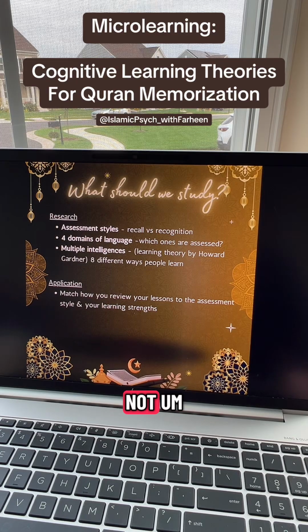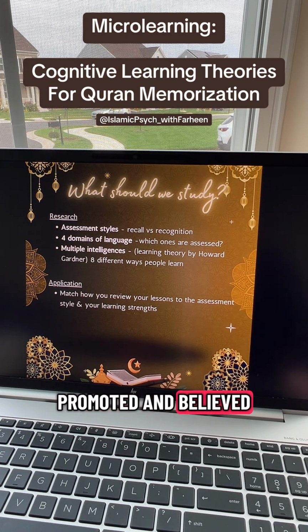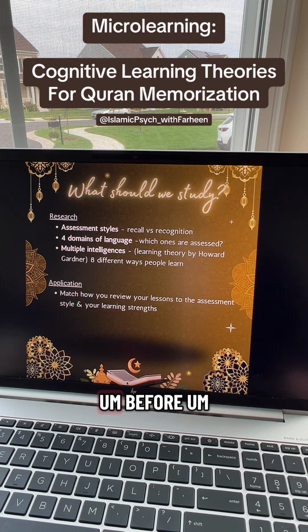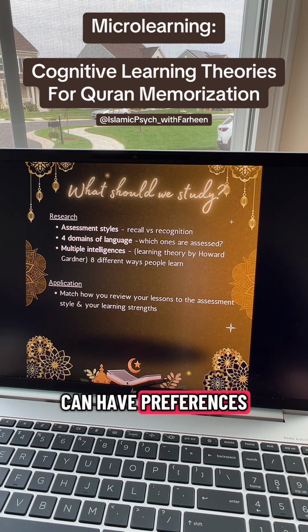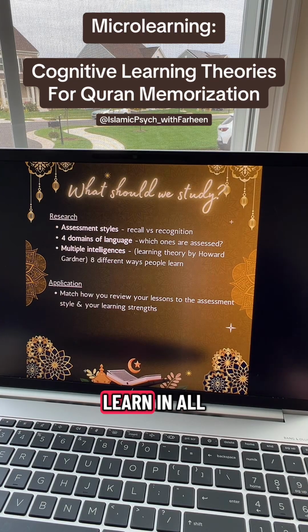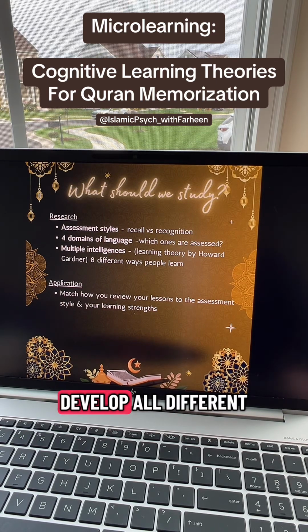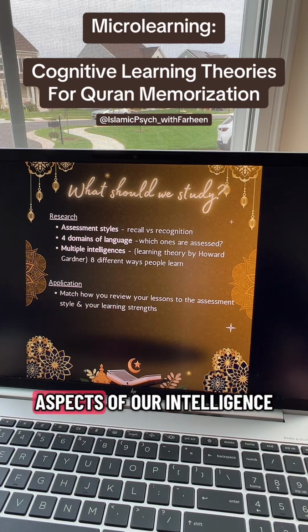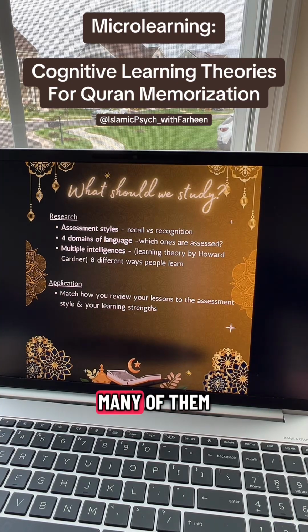That's not true. It was promoted and believed for quite a while many years ago, but now it's classified as a neuromyth, because yes, we can have preferences, but we should learn in all different ways. As teachers say, we don't want to teach only to strengths. We want to develop all the different aspects of our intelligence, or at least many of them.